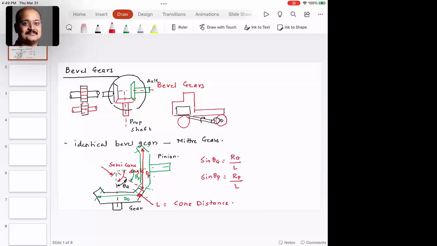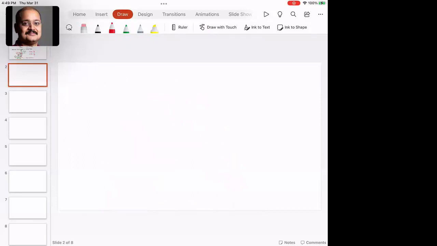So just like spur gear or helical gear, there are some standard dimensions. And now you know, can someone tell me what is the most important dimension in gear? What is the most important dimension in gear? Online students? Module, because everything else is associated with module.